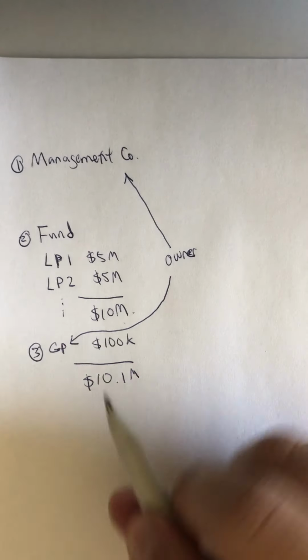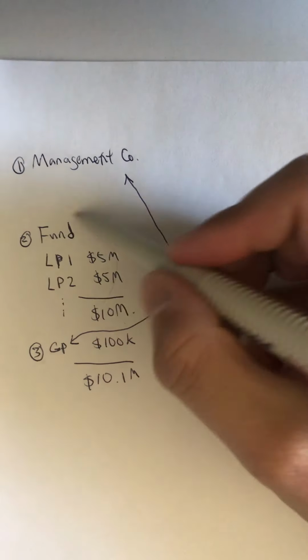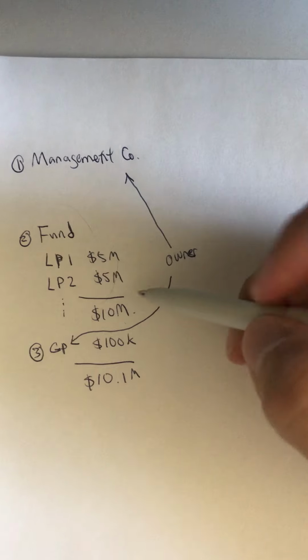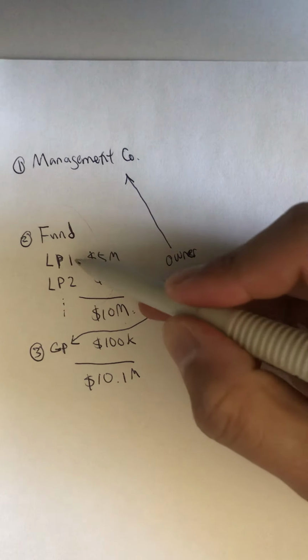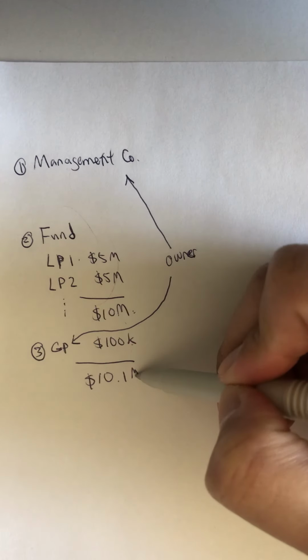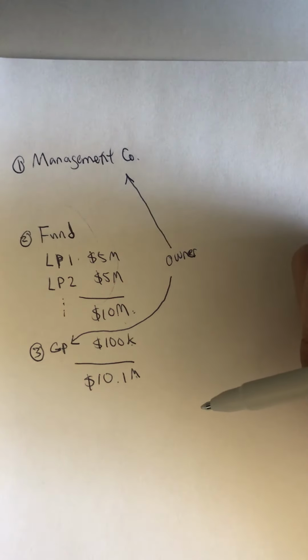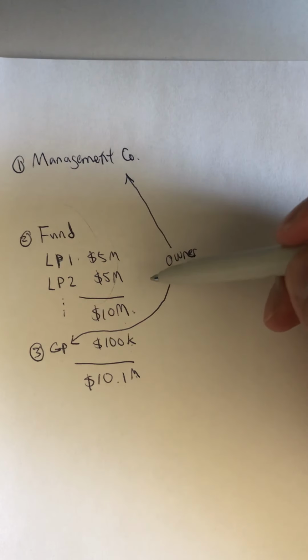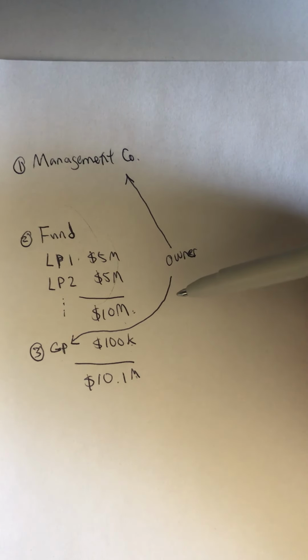You do not really own the fund. The fund is $10 million of outside money and only 1% of inside money, which is your own money. So this is the structure of a traditional venture capital, private equity, real estate private equity firm.